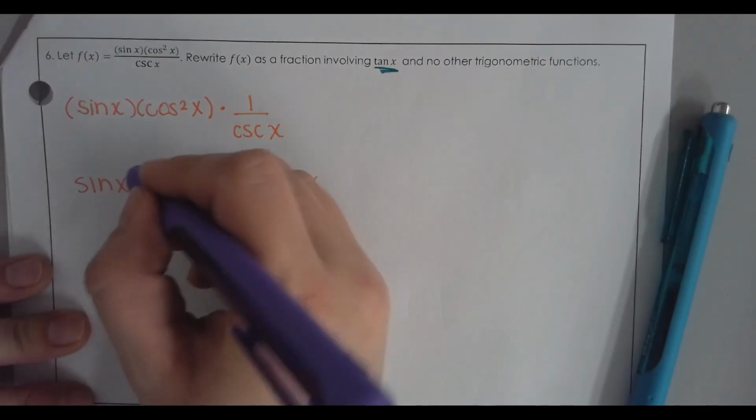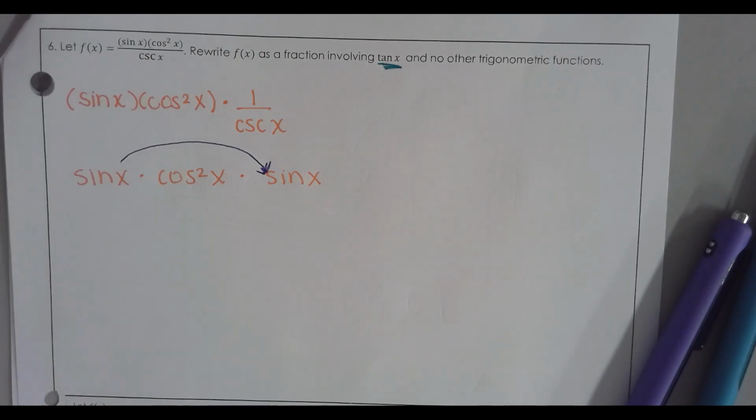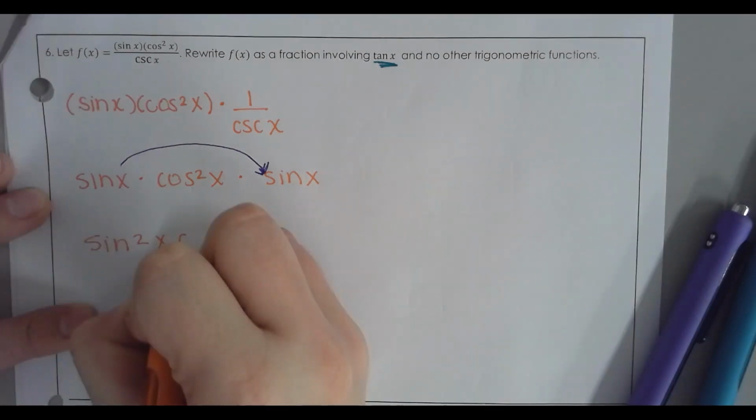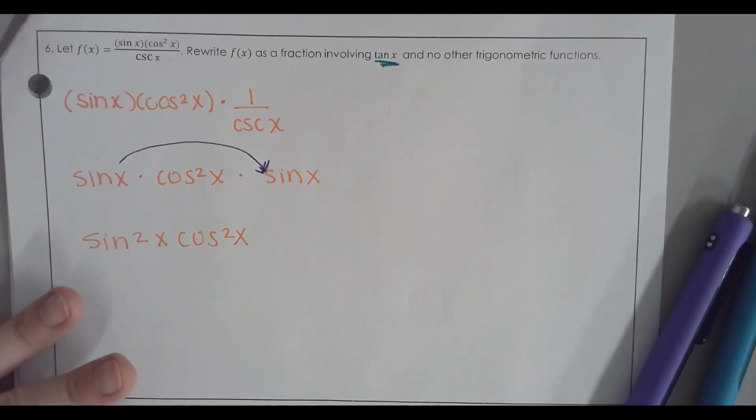And we're multiplying. If you're multiplying, you can rearrange things, and sine times sine is sine squared. So this is sine squared x over cosine squared x. Okay.